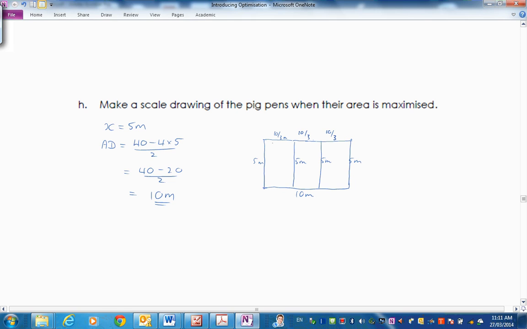And if you check one pig pen, the area would be 5 by 10 over 3, and if you work that out, that's 16 2/3 square metres. Okay, so it's an interesting result. The length of the pen, 10 metres, was twice the width there.